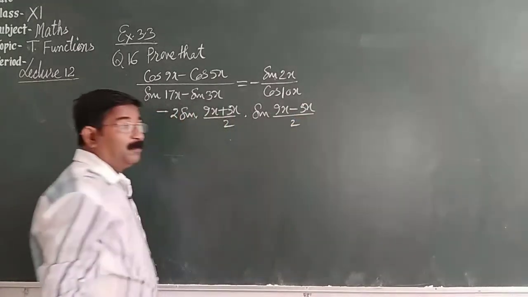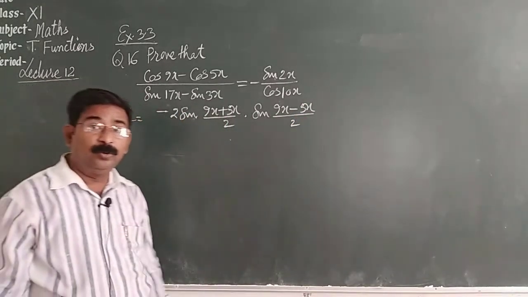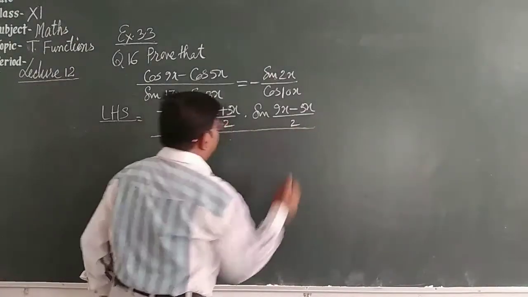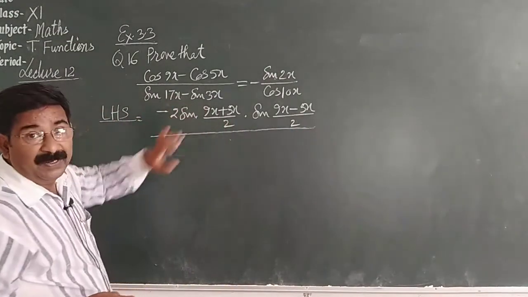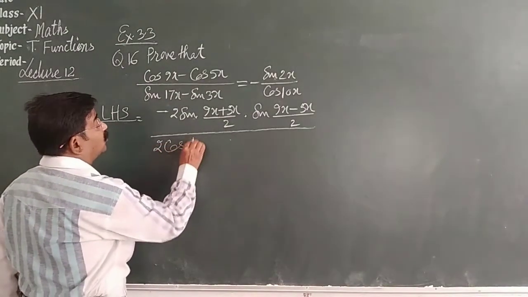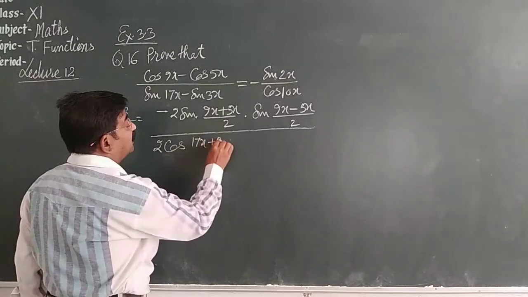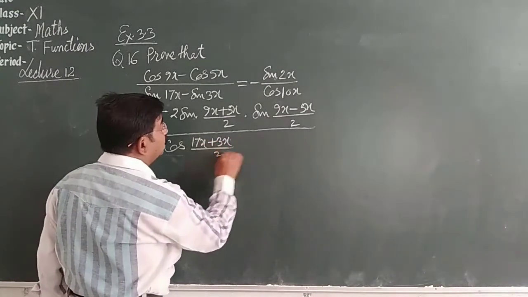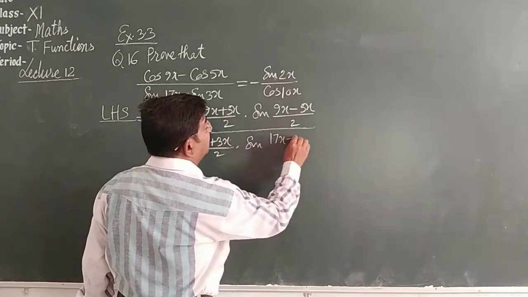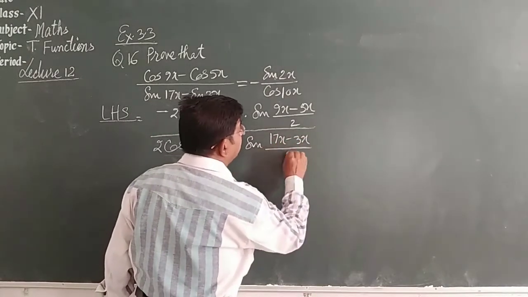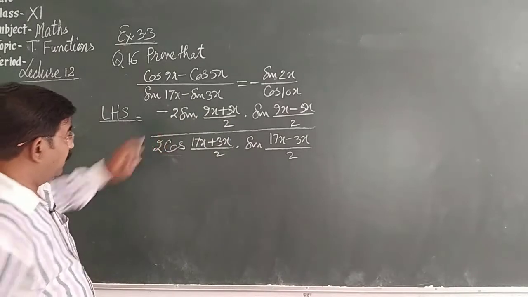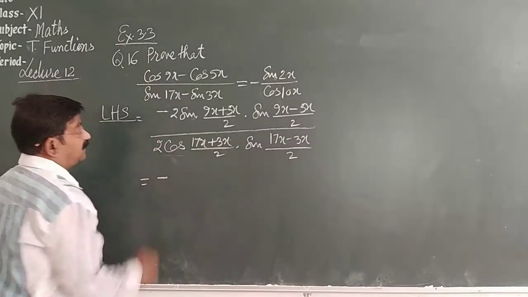The formula is minus 2 sin (a plus b)/2 sin (a minus b)/2 in numerator, upon, this is sin a minus sin b, this is 2 cos (17x plus 3x)/2 sin (17x minus 3x)/2. Got it? See, here we have minus sign.